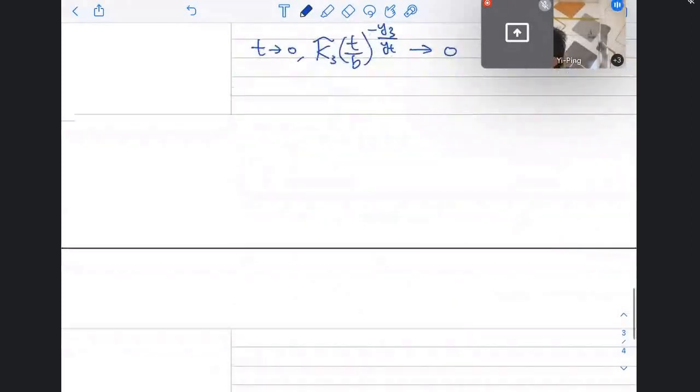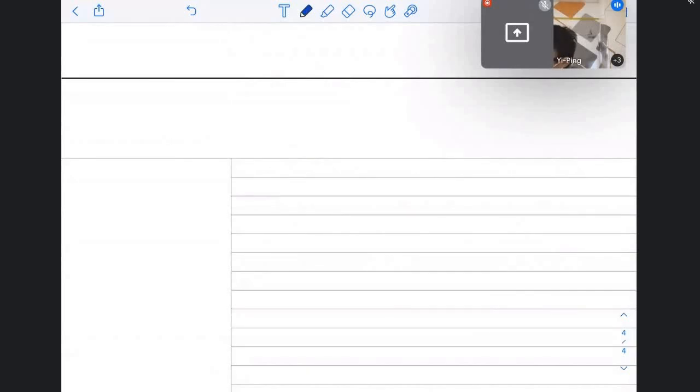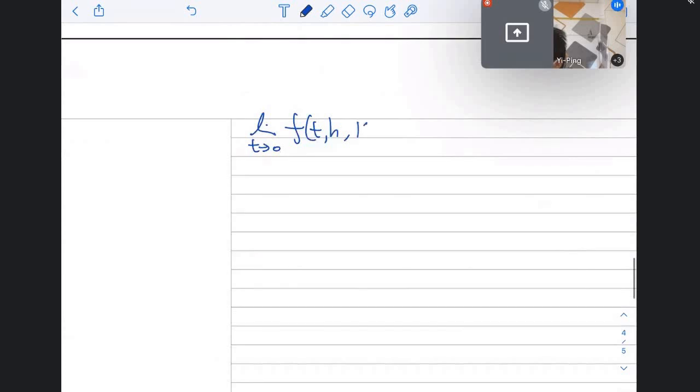So what we are trying to do is send t to 0, and we should have the singular part of our free energy. We are trying to ask, is it going to be something that looks like this?